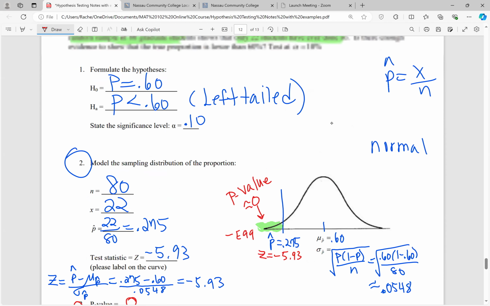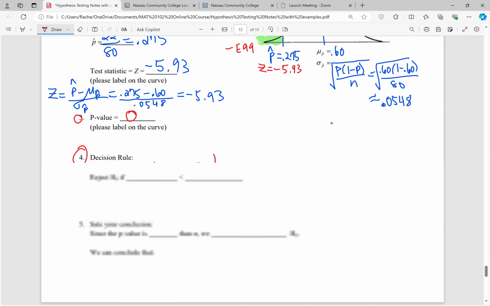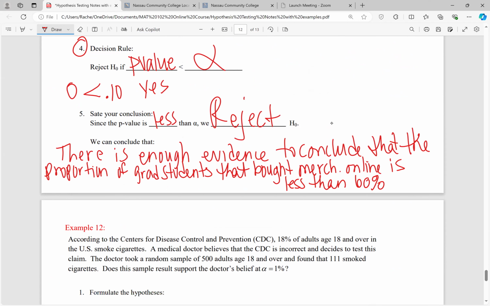Because that was the alternative, that P is less than 0.60. So there is enough evidence to conclude that the proportion of grad students that bought merchandise online is less than 60%.